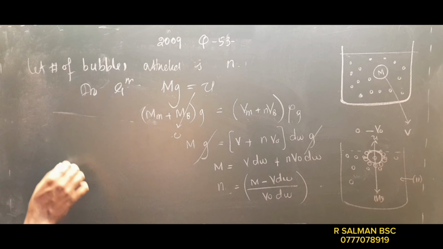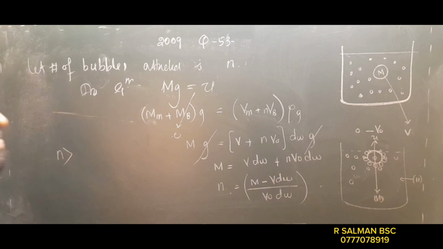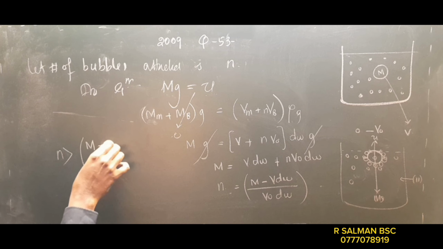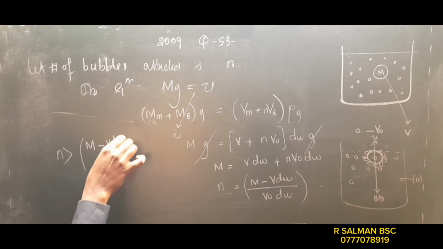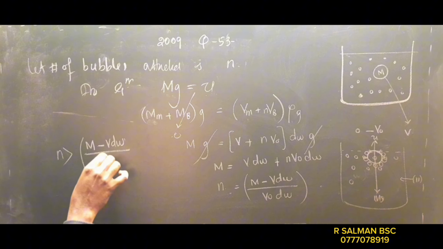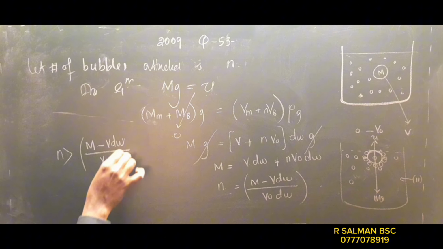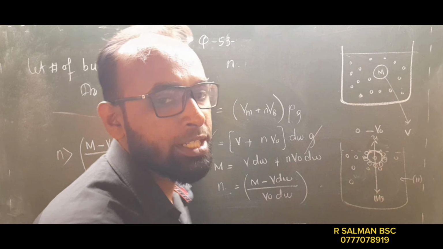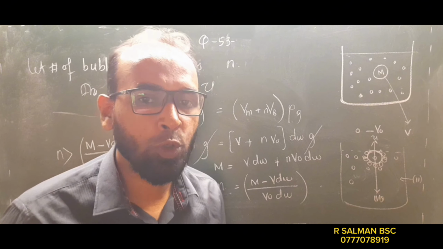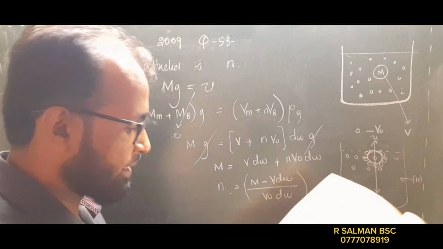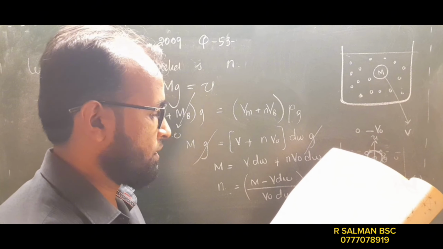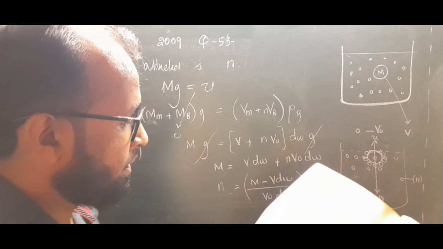The number of bubbles should be higher than what you calculated. If the number of bubbles attached to this metal ball is higher than this amount, the upthrust is higher, and automatically it will float. So the best answer, according to me and the scheme answer, is option 2. Hope you understand.